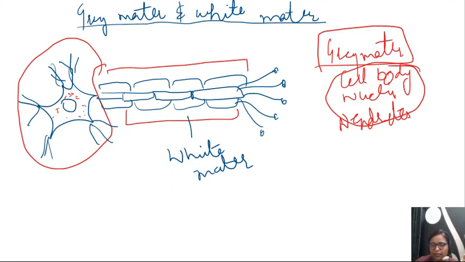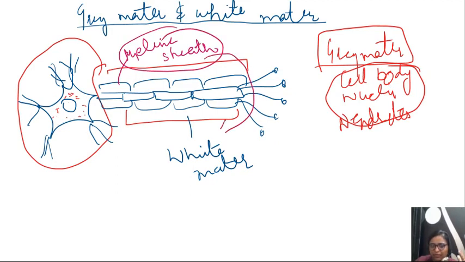It's nothing but, you know, in the axon we have the myelin sheath. This is your myelin sheath, right? So the myelin sheath will give you the appearance of white color. So that is why it is called white matter. And in the cell body we do not have the myelin sheath. That is why it gives the appearance of grey color. So it is called your grey matter.